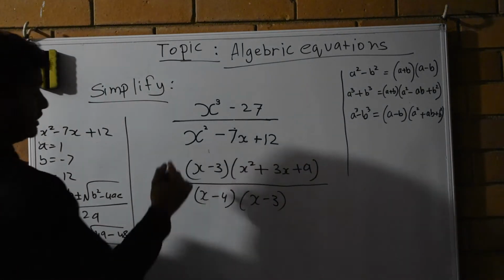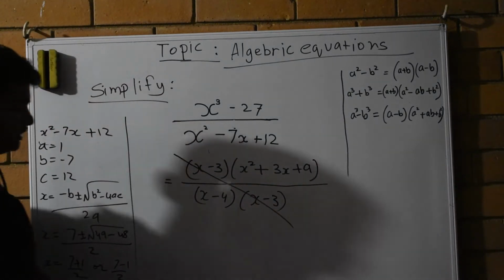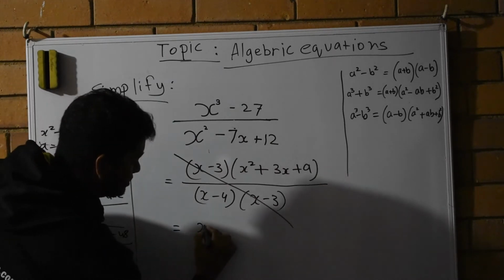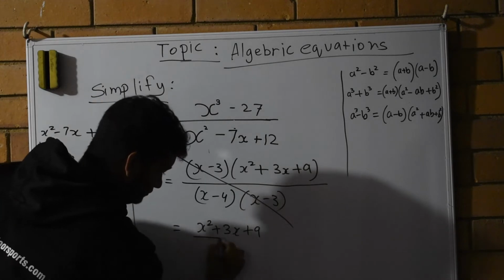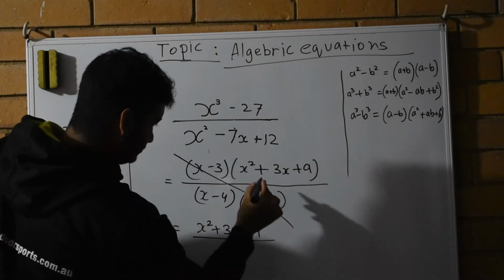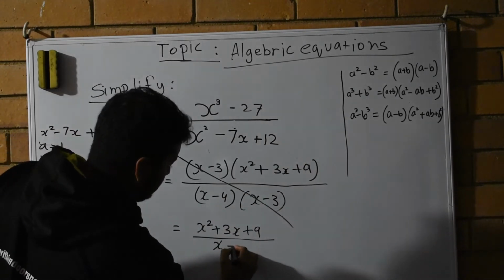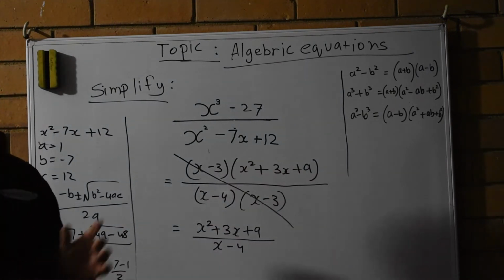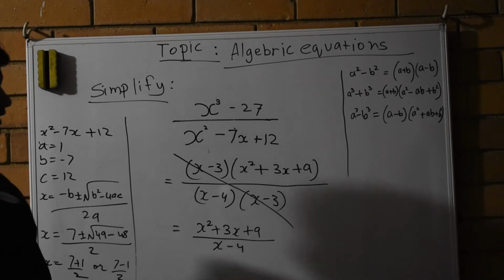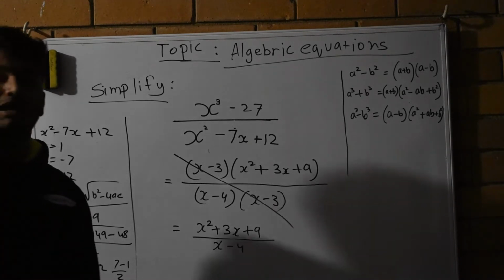As you can see, these two things cancel out, and we're only left with x squared plus 3x plus 9 divided by x minus 4. And that's it, it's done, and that's simplified. Let's get to a harder example.